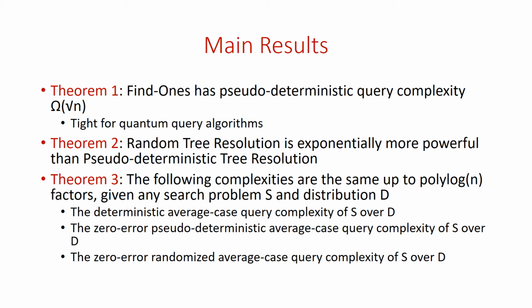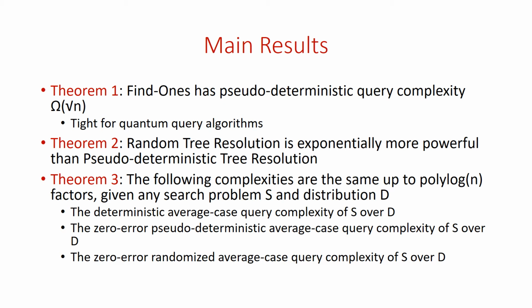The issue with this proof system is that, unlike standard propositional proof systems, it's not efficiently verifiable. We instead define a proof system called pseudo-deterministic tree resolution, which is efficiently verifiable. And we show that random tree resolution is in fact exponentially more powerful. This proof just applies the main result of theorem 1.